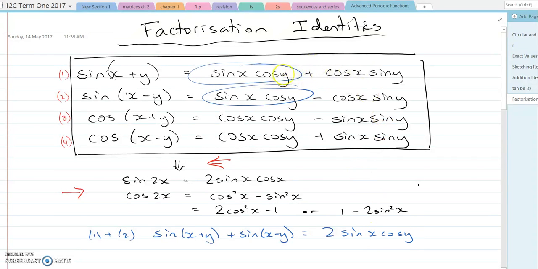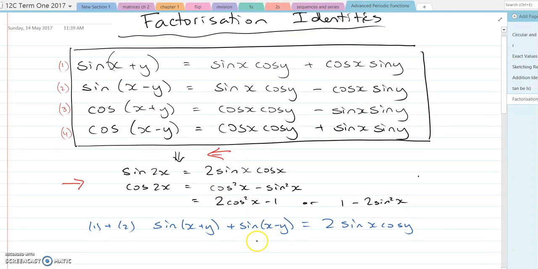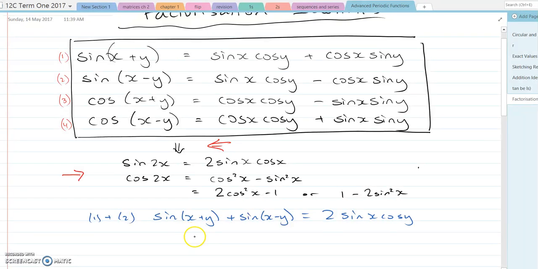And these other two are going to cancel out. So we can have a nice expression. We'll divide by 2: sine x cos y equals sine of x plus y plus sine of x minus y, over 2.